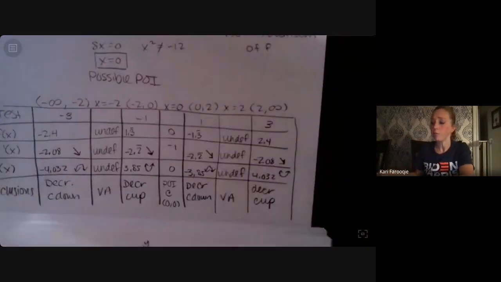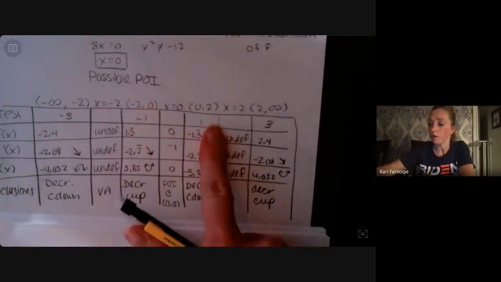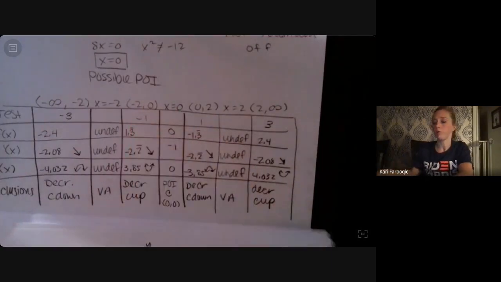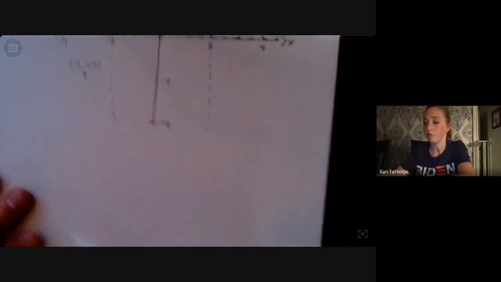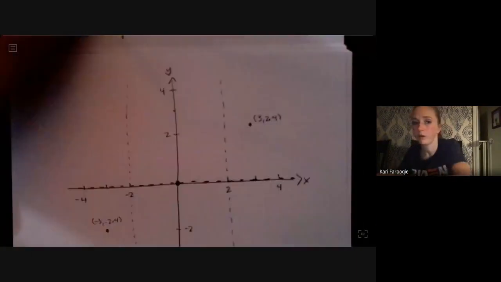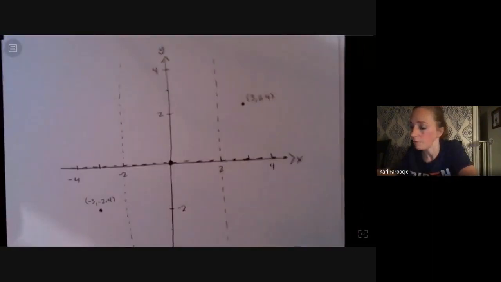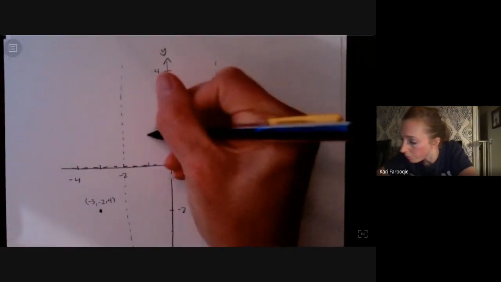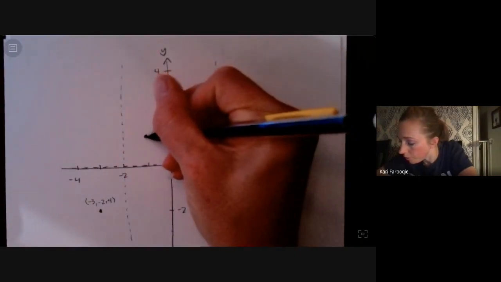Then we know that we have points at 1, -1.3, and -1, +1.3. So I'm going to graph those points also. That back there. -1, 1.3. It's about right there.